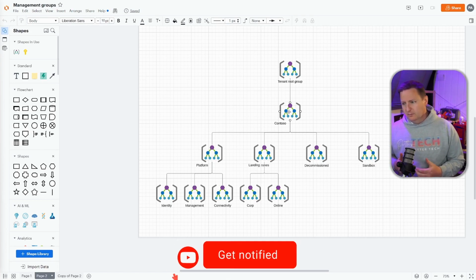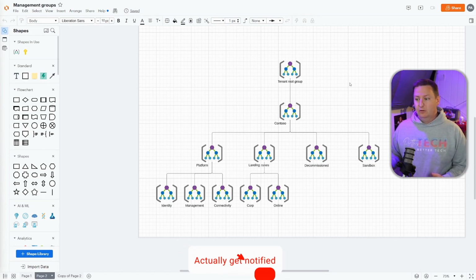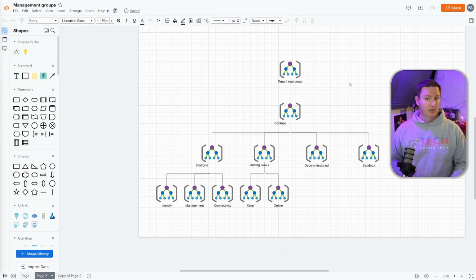And this sort of structure is also where I would assign Azure policies. So I would start out with a really basic policy in this case. For example, on the top here, or maybe on the Contoso management group, I would set up an Azure policy that enforces allowed regions and allowed VM SKUs, like I mentioned earlier.